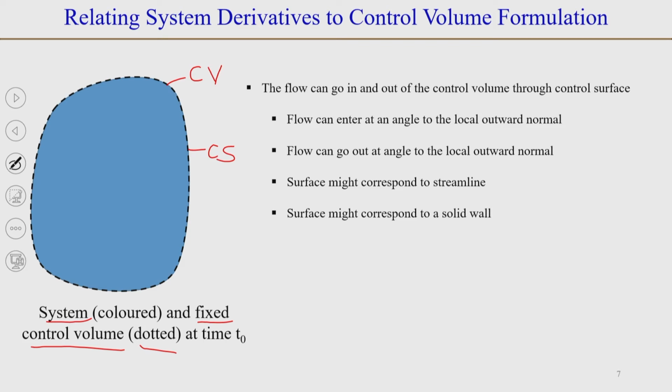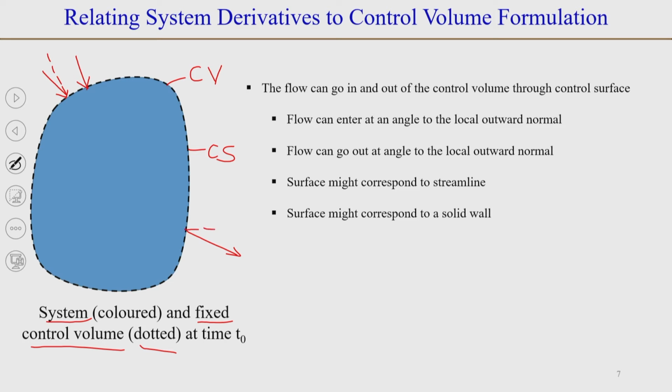Now, the flow can come in or it can go out. So, flow may come in normal to the control surface, or it may be coming in at an angle to the normal to the control surface.